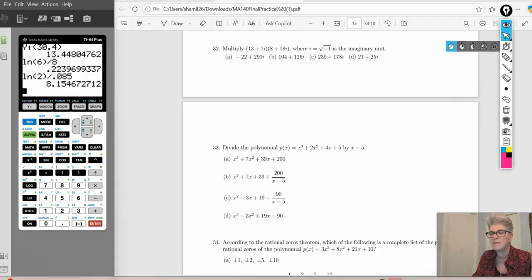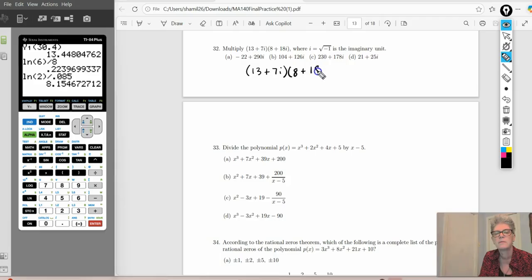That's a complex number problem. Okay, so let's just do it. So I'm going to have 13 times 8 and 13 times 18i.